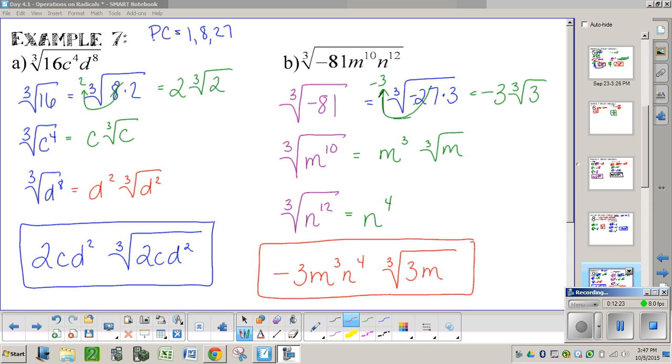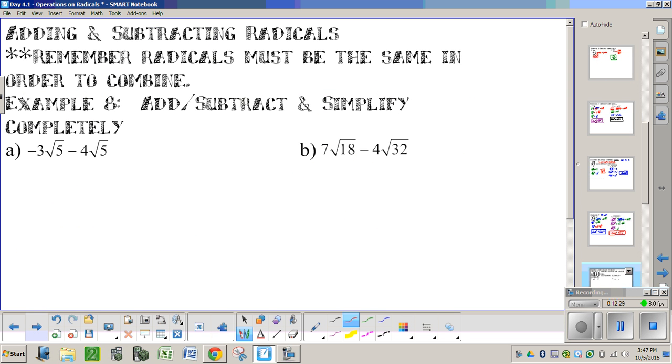All right, now that we've got the simplifying piece down, let's start adding and subtracting. One of the things to keep in mind as you're adding and subtracting radicals is that your radicals have to be the same. The number inside that radical has got to be the same in order for you to combine them. So in example A, it says negative 3 times the square root of 5 minus 4 square roots of 5.